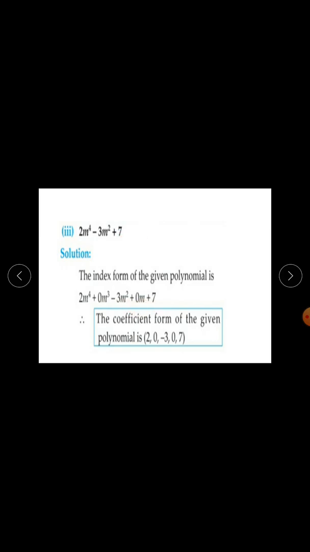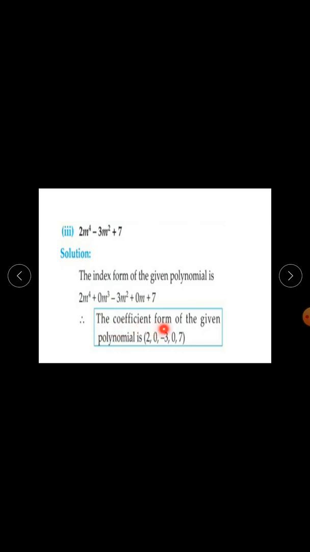So we can write it as 0m. It can be added to the polynomial. Okay, so the index form of the given polynomial is 2m raised to power 4 plus 0m cube minus 3m square plus 0m plus 7.